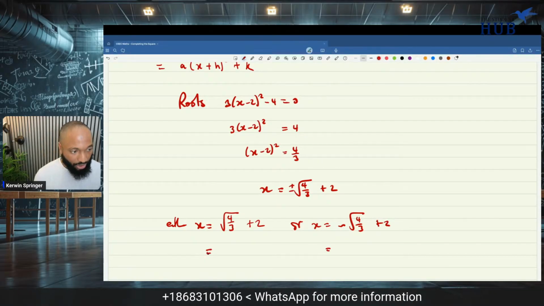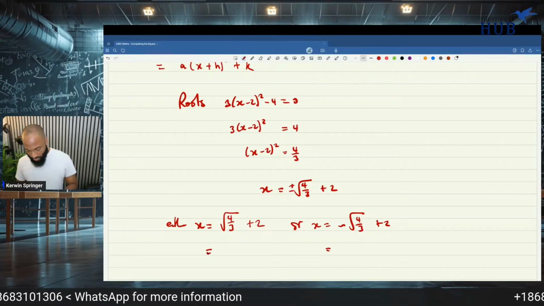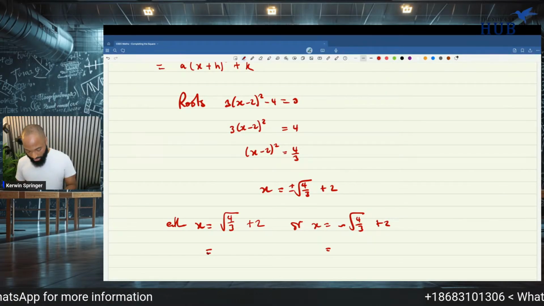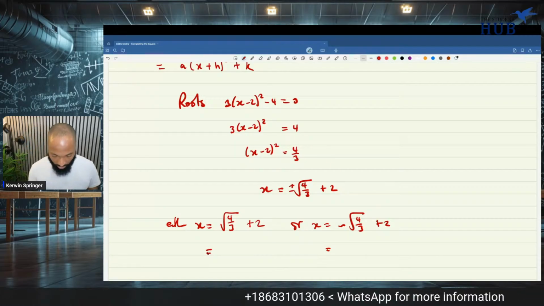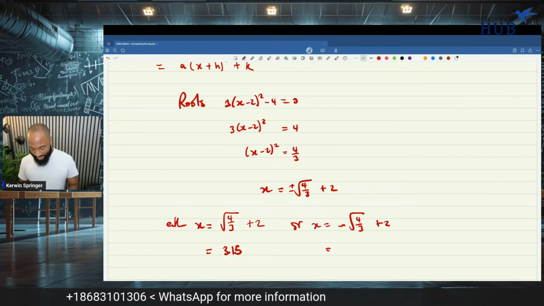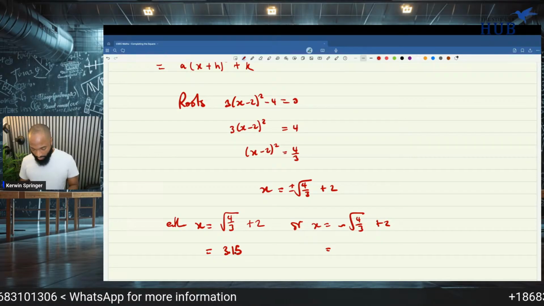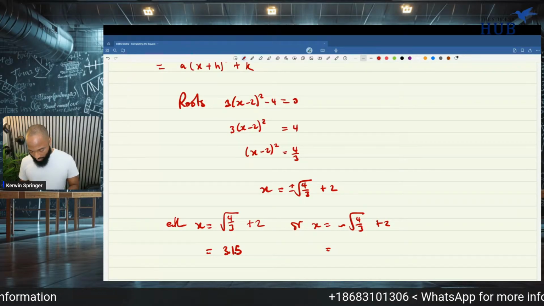Can you tell me the two answers that you'll get for this? Square root of 4 over 3 plus 2 is 3.15. Y'all getting these values? Or the negative square root of 4 over 3 plus 2.